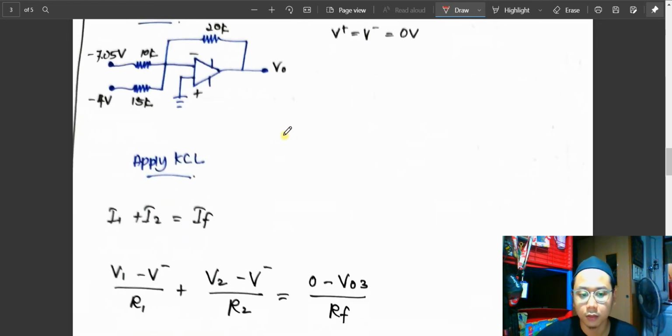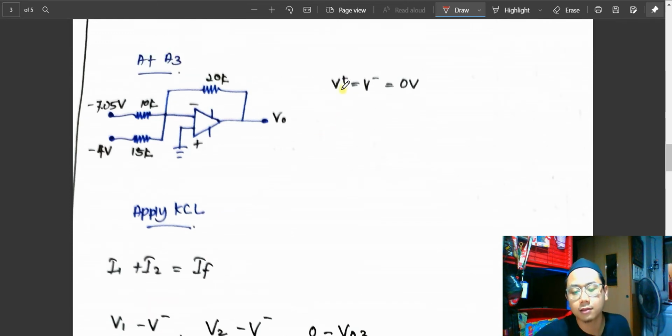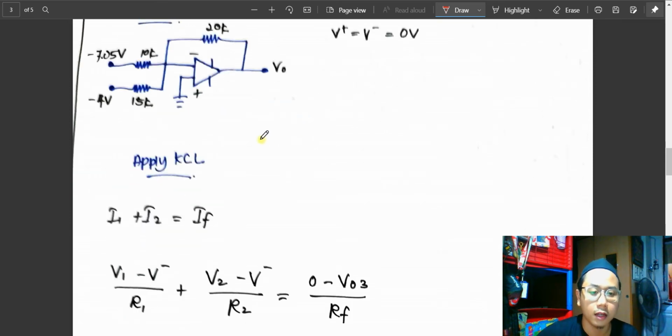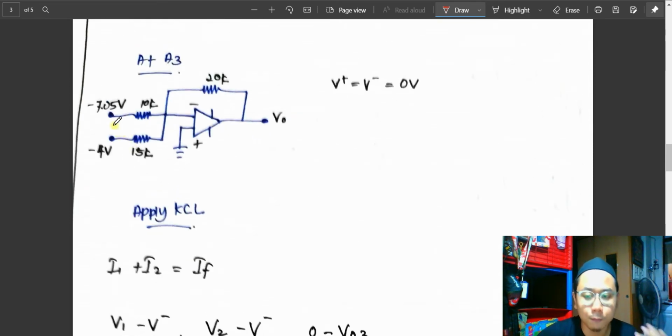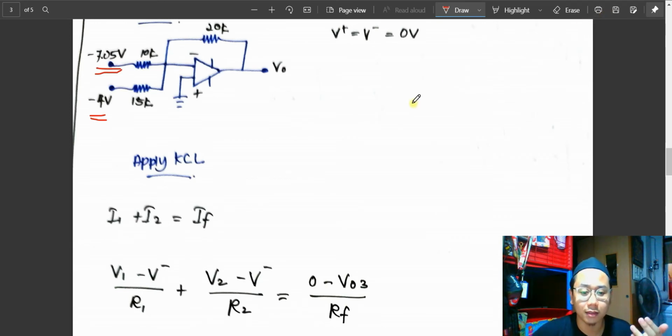At amplifier 3, we need to apply the KCL, where we know that V plus is equal to V minus, that is 0 volts. Here we just have two inputs, two power supplies, which are negative 7.05 and negative 4 volts, and then just apply the KCL method, which is I1 plus I2 is equal to IF.